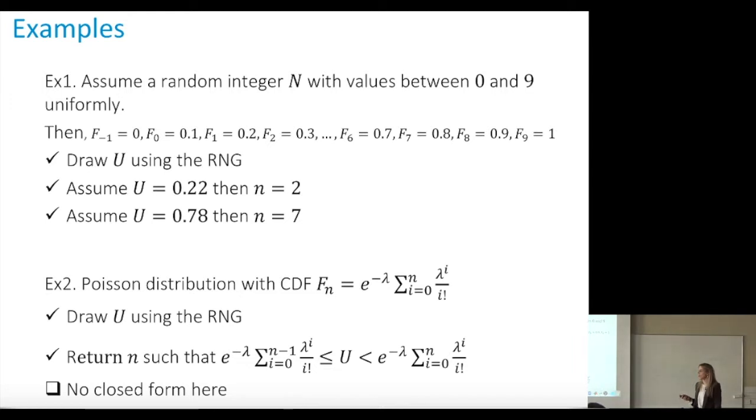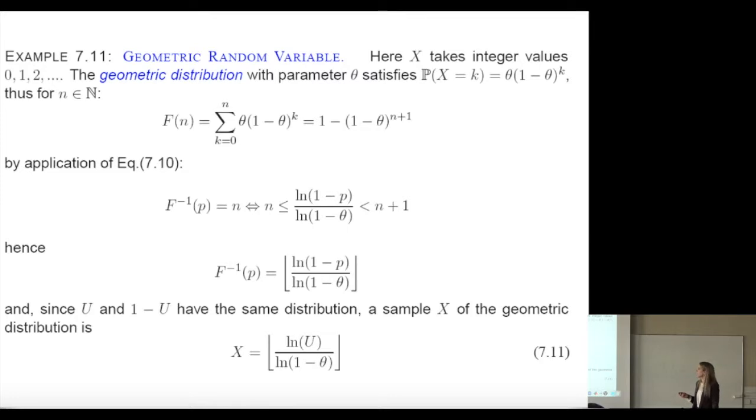Okay? We will see now another distribution for which there is a closed form formula, the geometric distribution with parameter theta. Here x is an integer random variable and takes integer values higher or equal than 0. The geometric distribution has this probability density function with parameter theta, and the cumulative distribution function is this one.